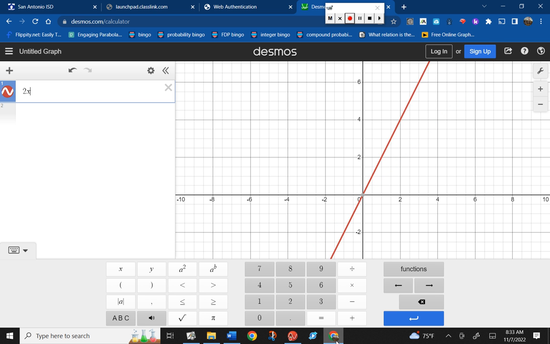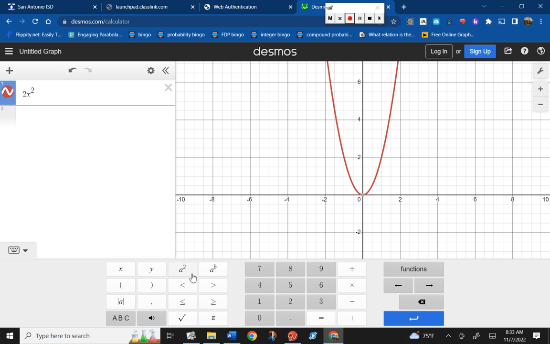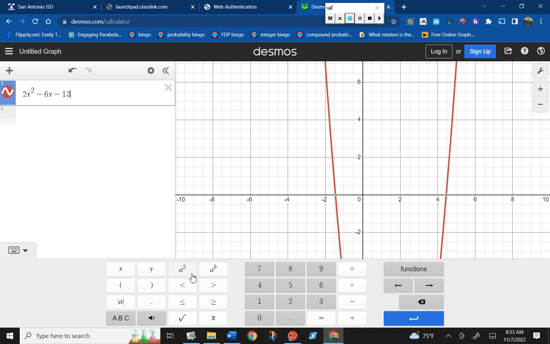2, negative 6, negative 13. And we have the two solutions here. One of them is at 4.458 and the other is at negative 1.458.